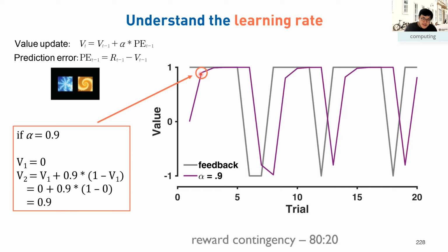If you do the update for the second time, the reward error is not so large, because the second time the reward error is 1 minus 0.9. You have a small prediction error because your prediction is already 0.9. The max is 1, so you are close to the truth.